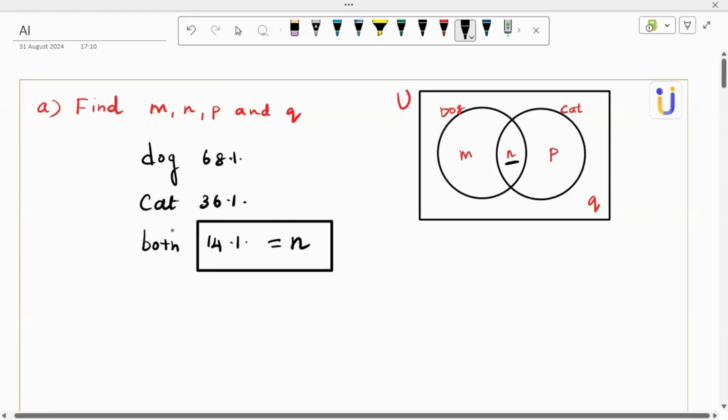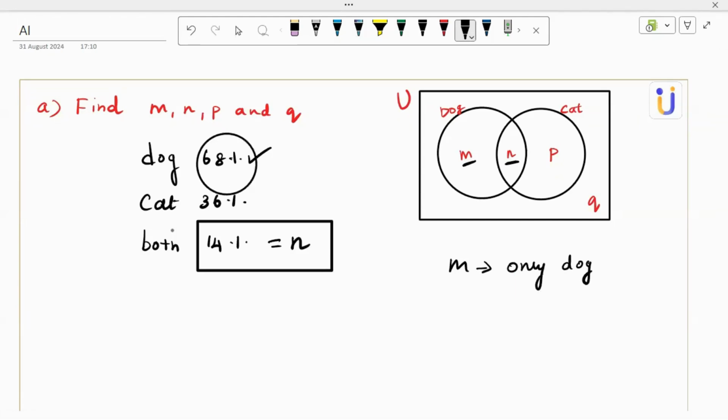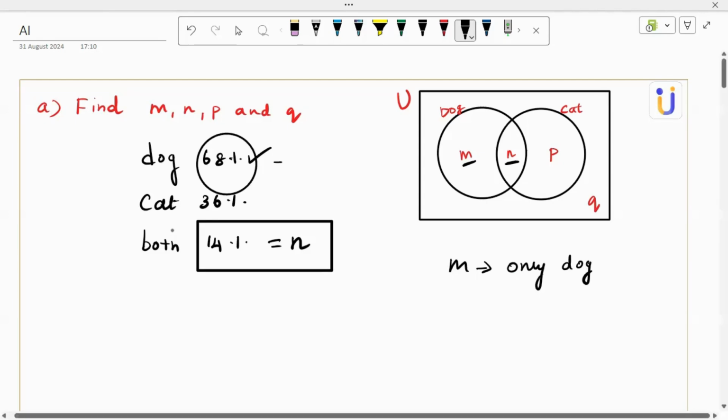Here they simply said dog is 68, but M means only dog, so M refers to only dog. How should I find it? 68% means all together, so M plus N is actually the 68, and cat is nothing but N plus P.